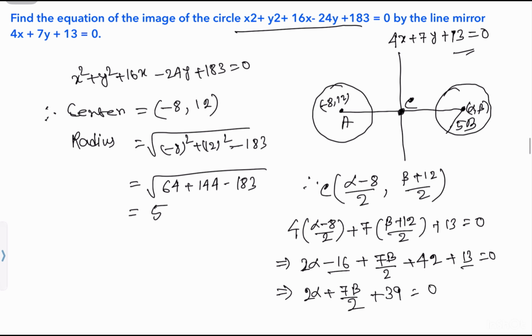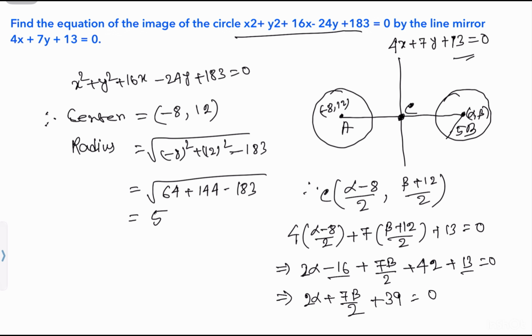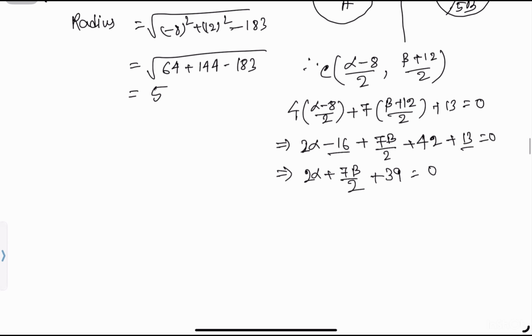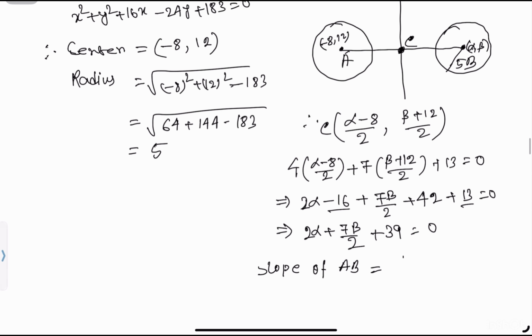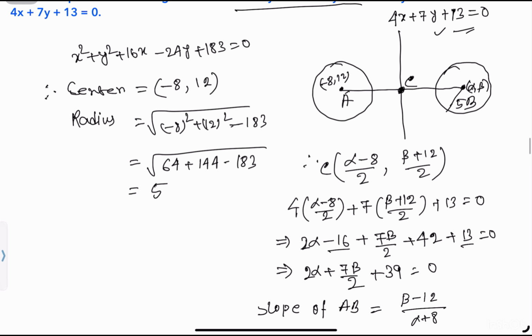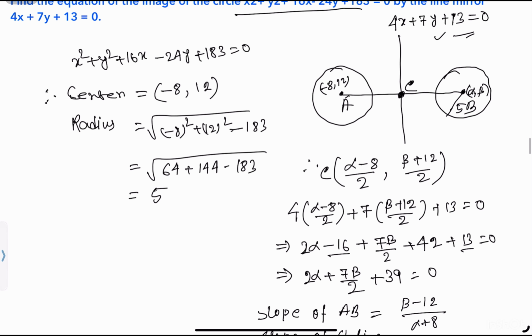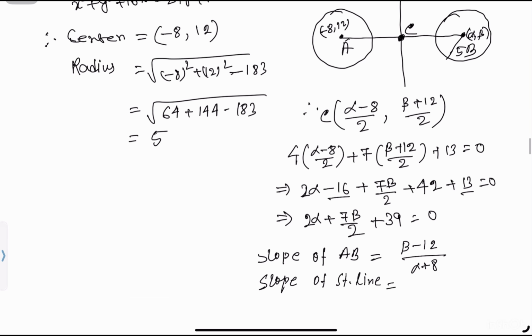Now observe one thing here. The line AB is perpendicular to this straight line. So find the slope of AB. The slope of AB is beta minus 12 by alpha plus 8. The slope of the straight line, if I arrange it, becomes minus 4 by 7.